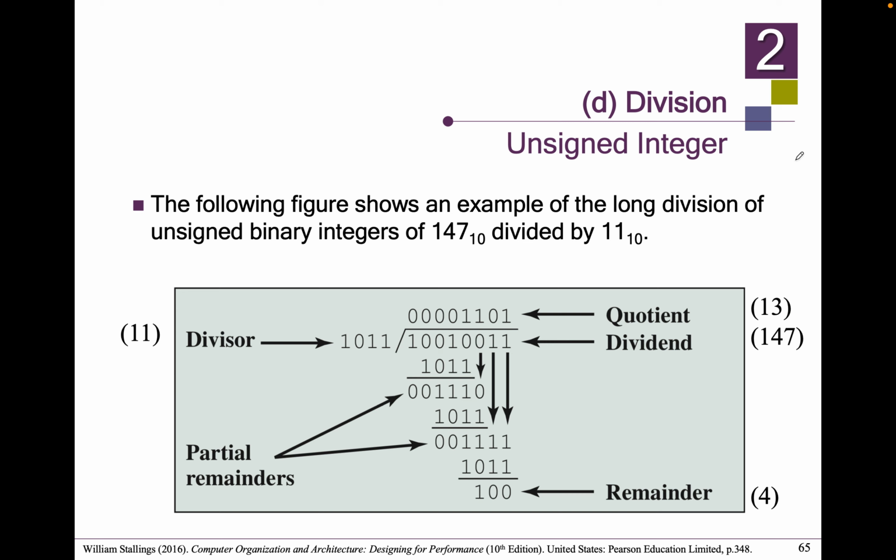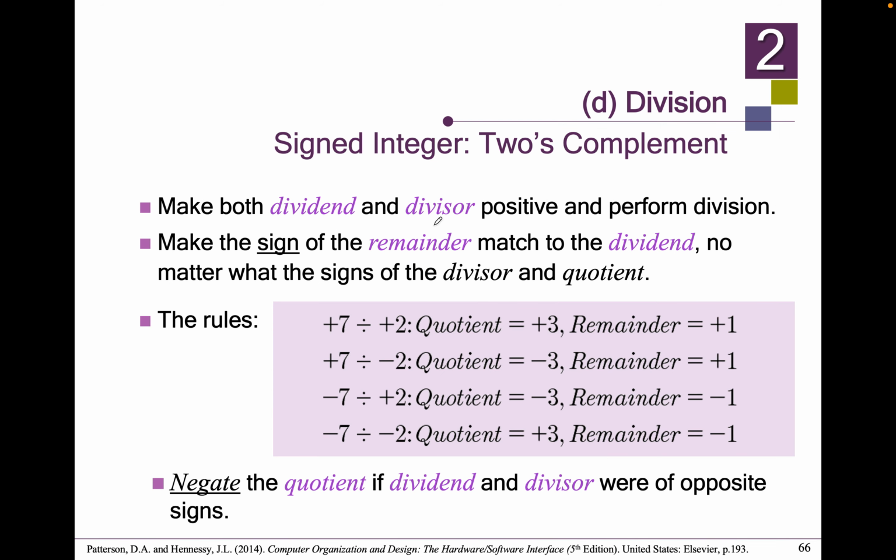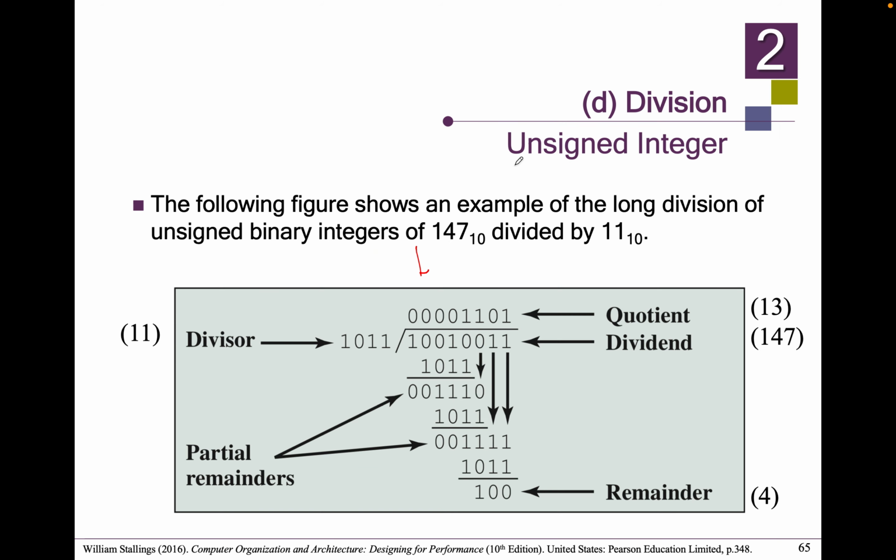Please try to do it in terms of 147 divided by 11. Are you going to get a similar answer or not? Rather than using binary, you can compare the answer. As usual, with unsigned integers it is very direct, you can apply normal mathematics.